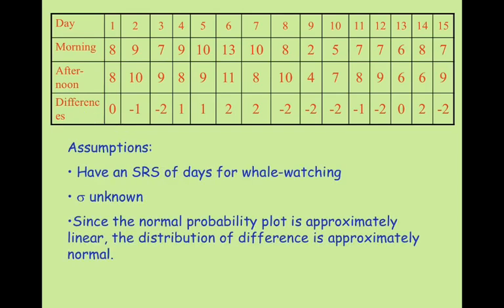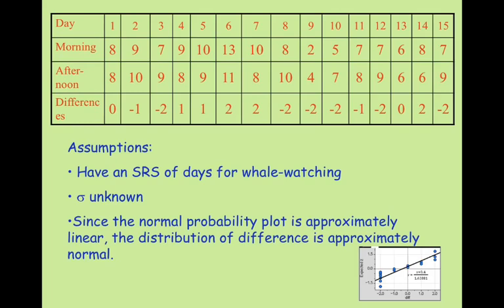So our first assumption is that we have a simple random sample of days for whale watching. Sigma is unknown. This is a sample, not a population. And we can also say, since the normal probability plot is approximately linear, the distribution of differences is approximately normal. Remember, my assumptions are based on differences. So when I'm talking about a normal probability plot, I'm actually looking at a normal probability plot of differences.